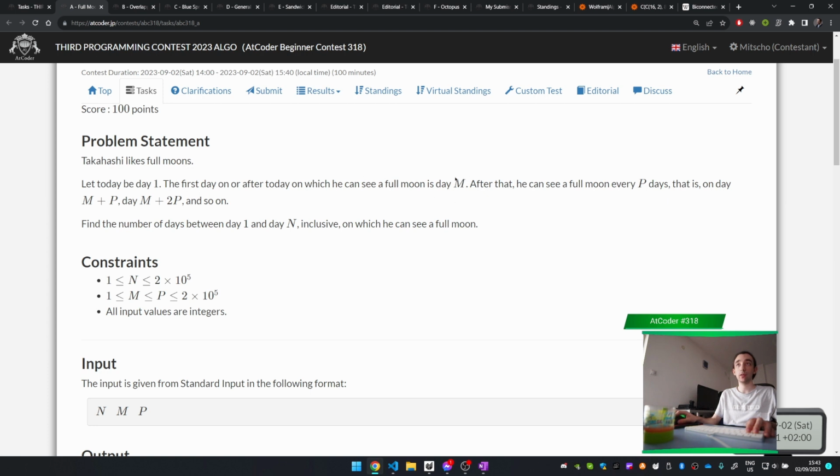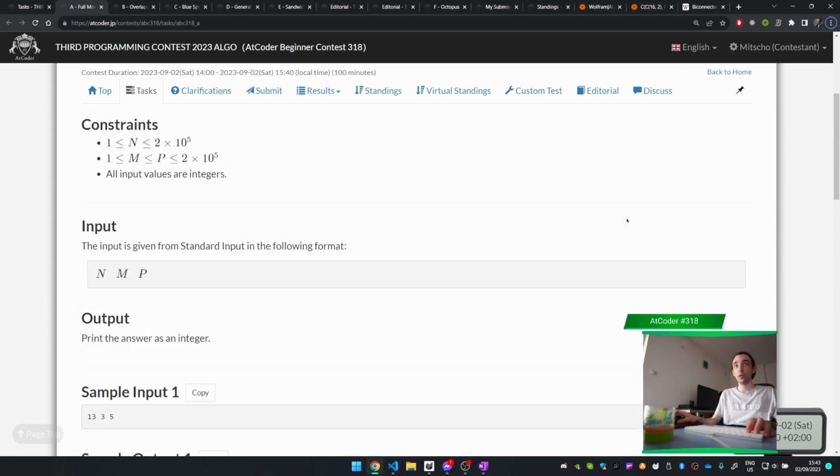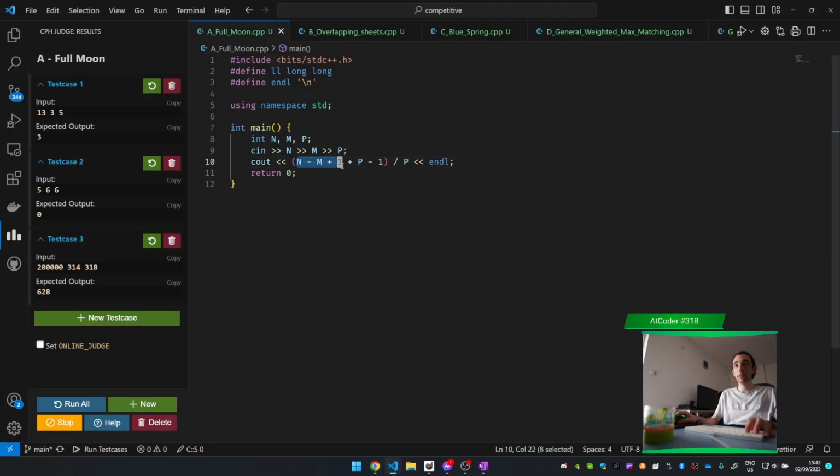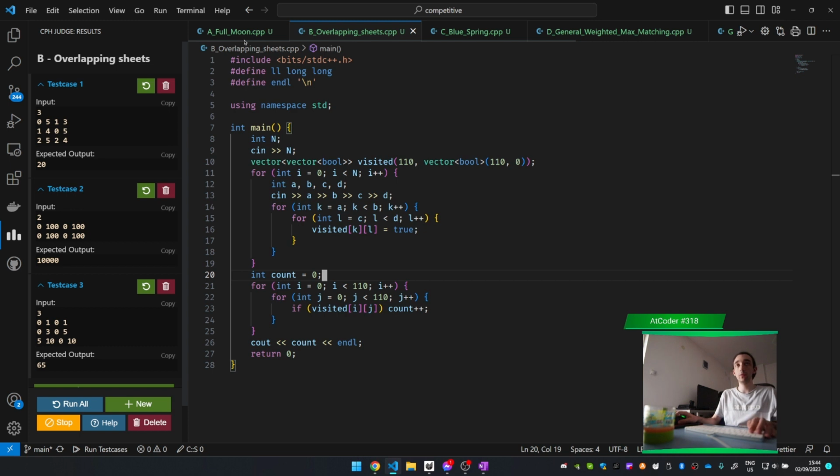The first moon is on day m, and after that you see the moon every p days. So when we decrease this, we want to divide by p, but we want to ceil that. To ceil that is just plus p minus 1. And this kind of cancels out, and it's just n minus m plus p. But that's just a mathematical formula.